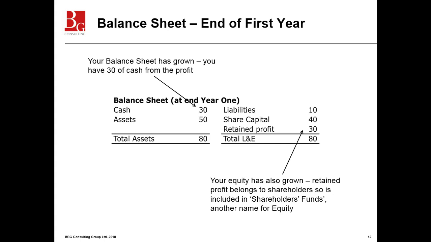Remember, the bottom line net profit or net income from the income statement adds to equity in the balance sheet, and the particular account it adds to is retained profit. So we can see that the balance sheet still balances, but the values have increased. Assets have increased by 30 to 80, and liabilities and equity have increased by 30 to 80.